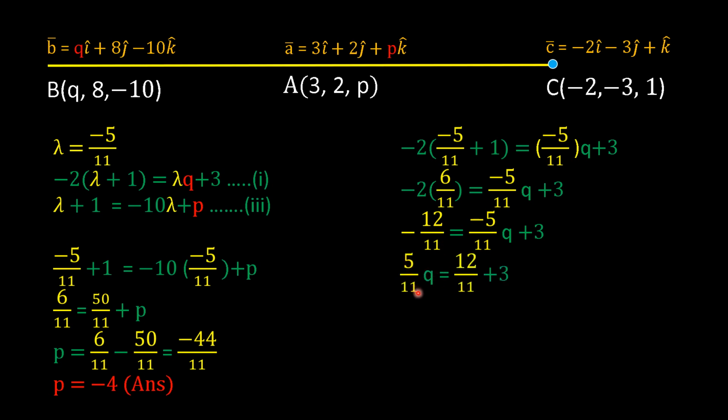So 5 by 11 q will be 12 by 11 plus 3. It will be 45 by 11. This 11 cancels with this 11. So q will be 45 divided by 5, that is 9. So the value of q is 9, which is our second answer.